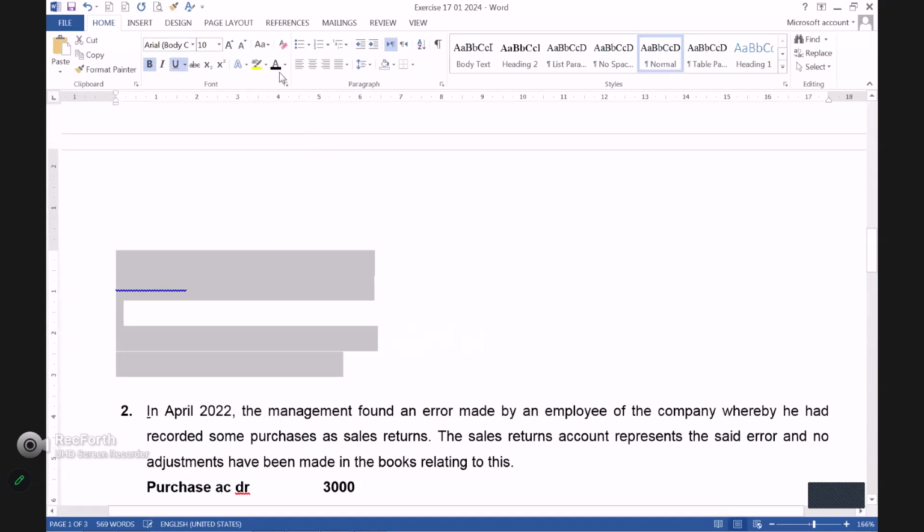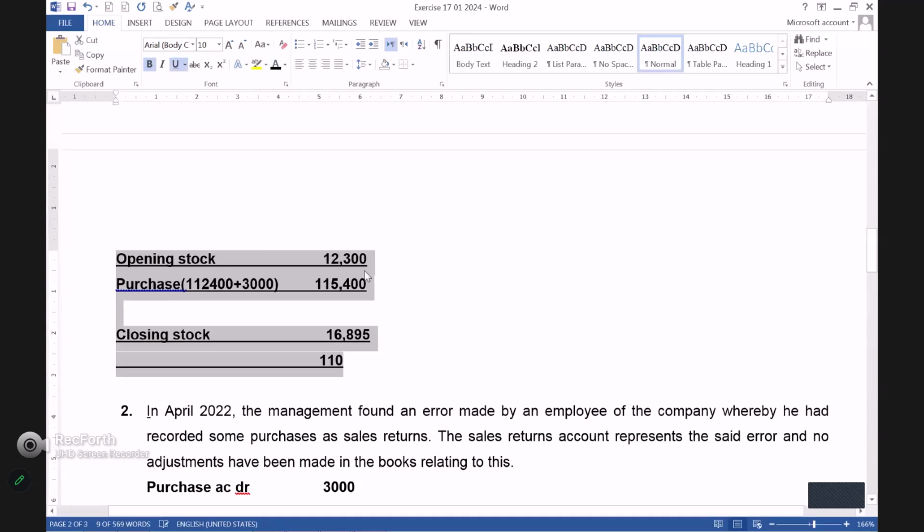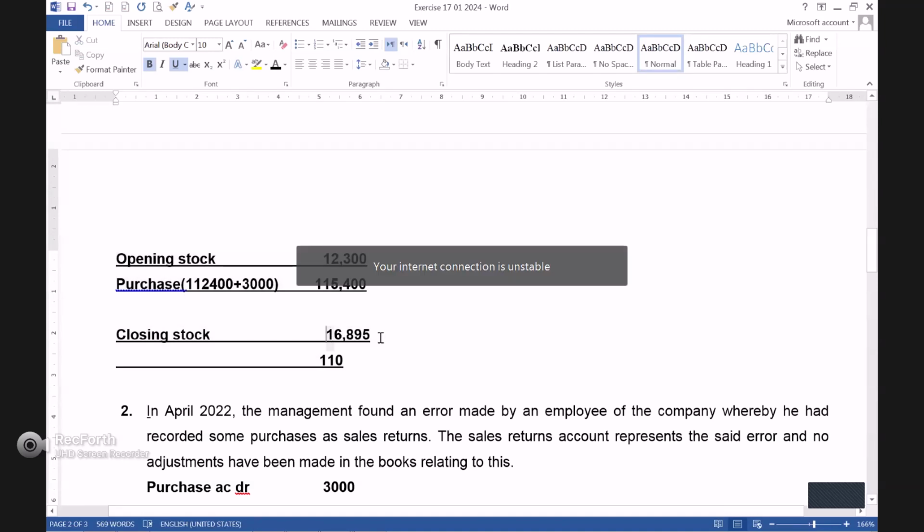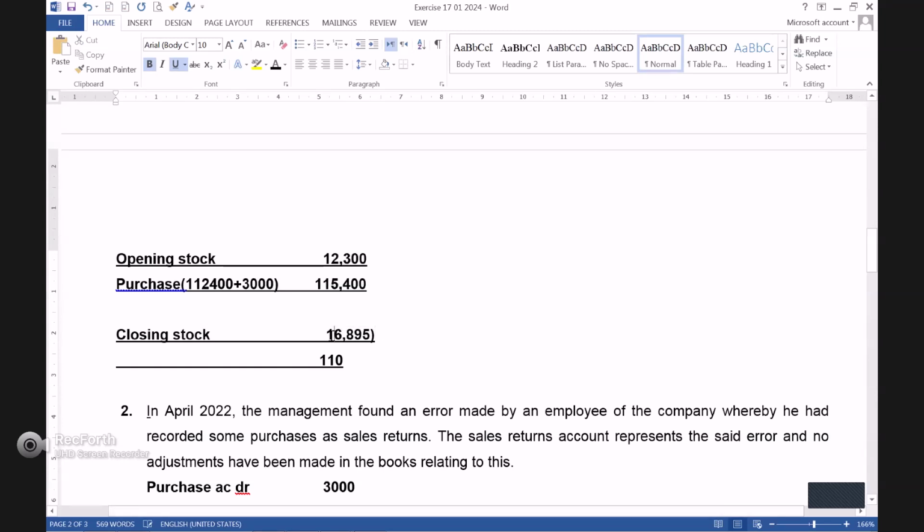Therefore, here we have to assume the opening 400, closing stock. What about the closing stock?